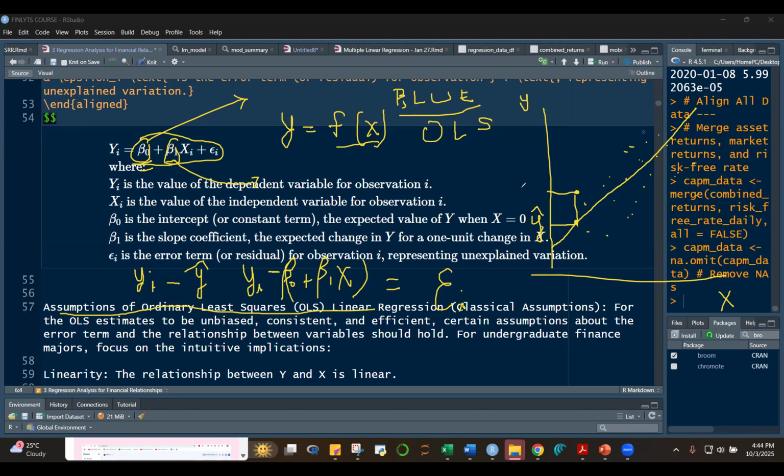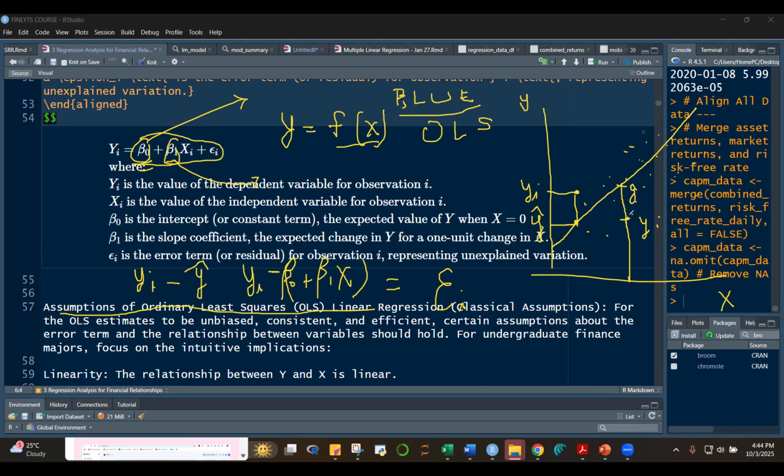This is my actual value, y sub i. At least for this y sub i, this is my predicted. If I go here on the other hand, this is my y sub i. This height is my actual value for this point. And if I drop a line towards the regression line there, this is now my y hat.